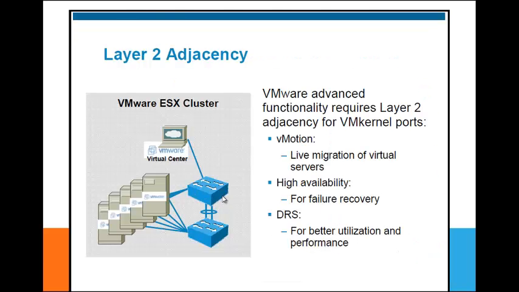Next, layer 2 adjacency. VM advanced functionality requires layer 2 adjacency for kernel ports. So adjacency needs to be done between the switches for high availability, for distributed resource scheduler, DRS, which we saw yesterday, and for vMotion.